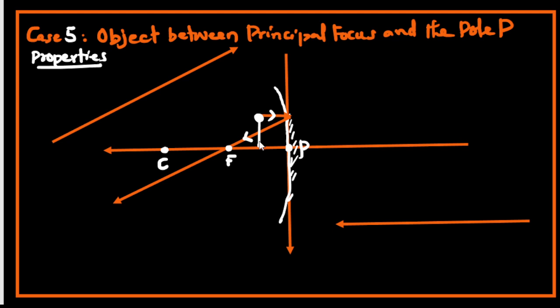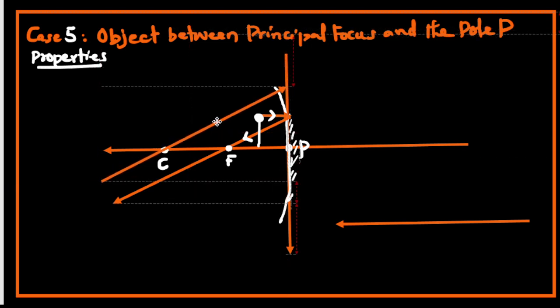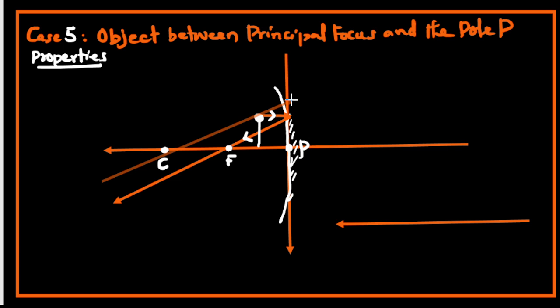So the next is to make use of rule 2. Rule 2, we can draw a ray that passes through the center of curvature. Okay, let me make use of the one that passes through the center of curvature. So meaning I have to adjust it to touch the earth.